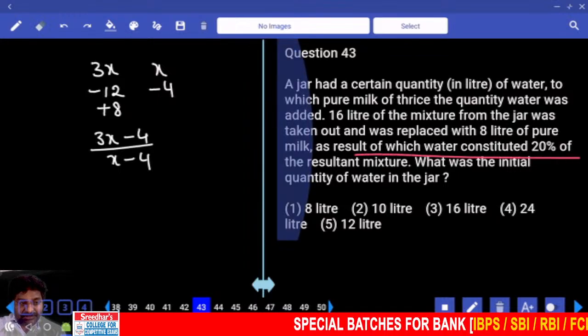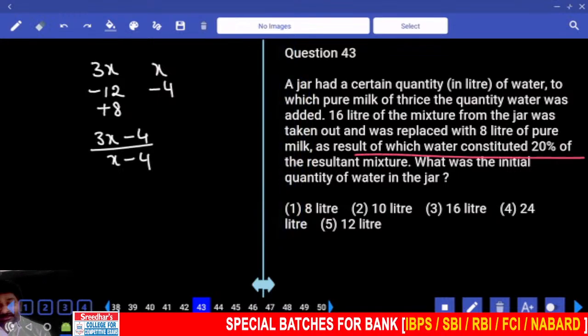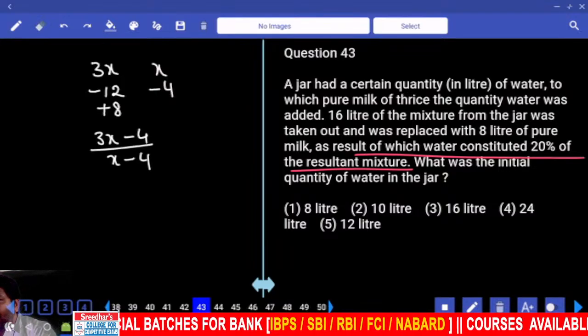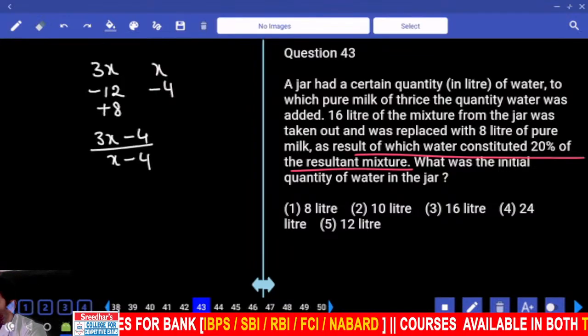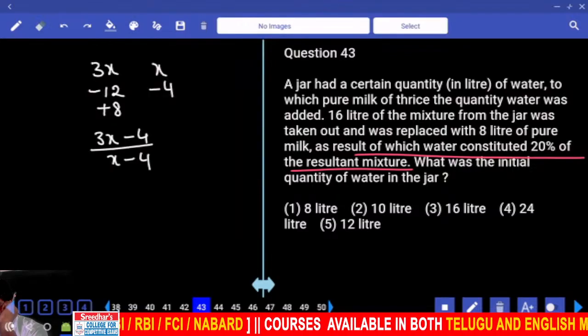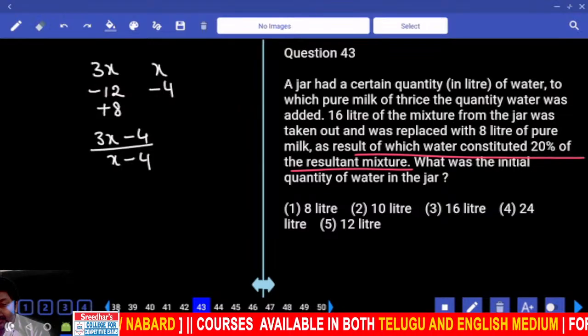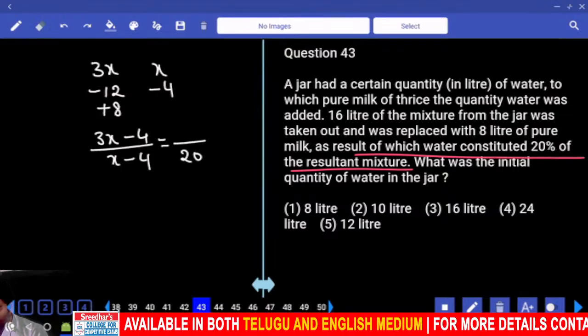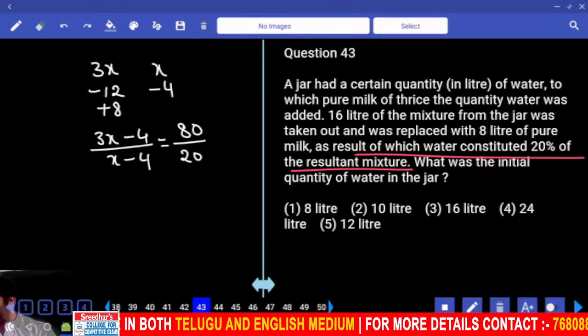As a result of which water constitutes 20% of the resultant mixture. Be careful, sometimes they say water constitutes 20% of the milk. Both are different. Are you getting my point? If the total is 100%, water is 20, milk becomes 80.